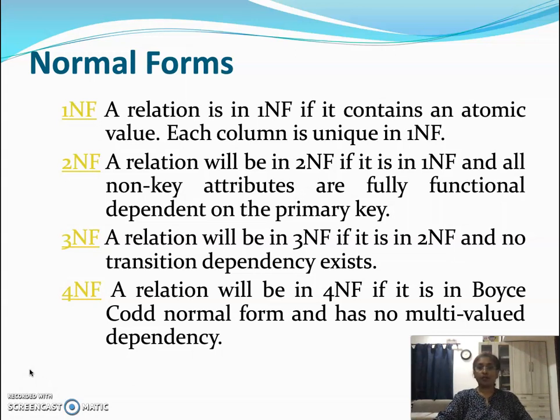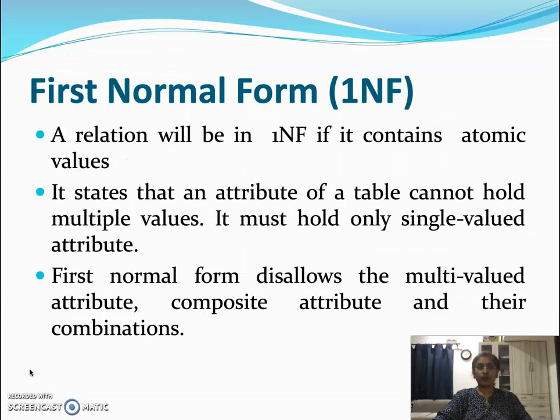Third normal form should not have any transitive dependency, and the fourth normal form is Boyce-Codd normal form and has no multi-valued dependency. Let me explain to you the first normal form in detail.